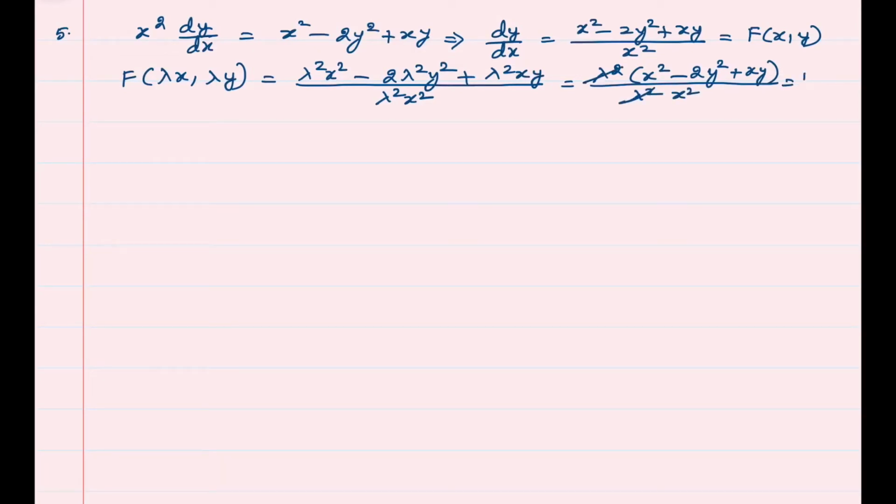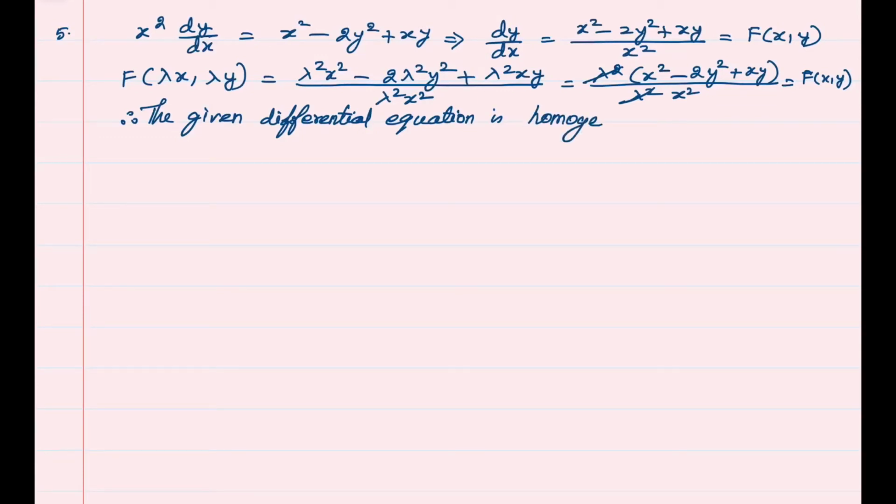We get f of xy. Therefore, the given differential equation is homogeneous. Now we will solve this equation. Dy by dx is x square minus 2y square plus xy upon x square.